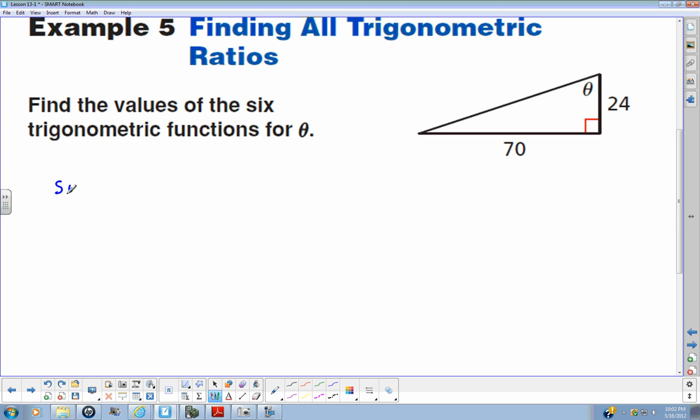The sine of theta equals, and then we'll put cosecant here because they're reciprocals of each other. So whatever fraction I get for sine, I'm just going to flip that over for cosecant. And cosine, set that up with secant. And tangent, with cotangent.